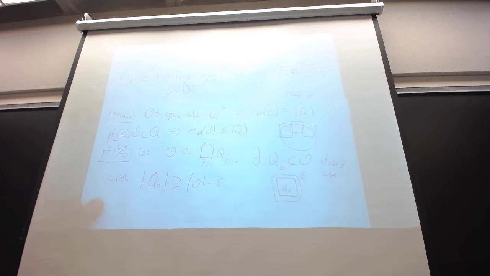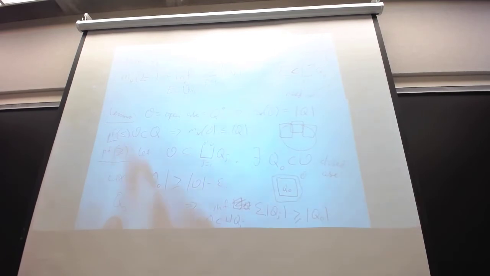And the Q_j cover Q0. So O is covered by the union of the Q_j. And so the infimum over all Q_j covering Q0 has a sum which is at least the measure of Q0, which is the length of Q0.